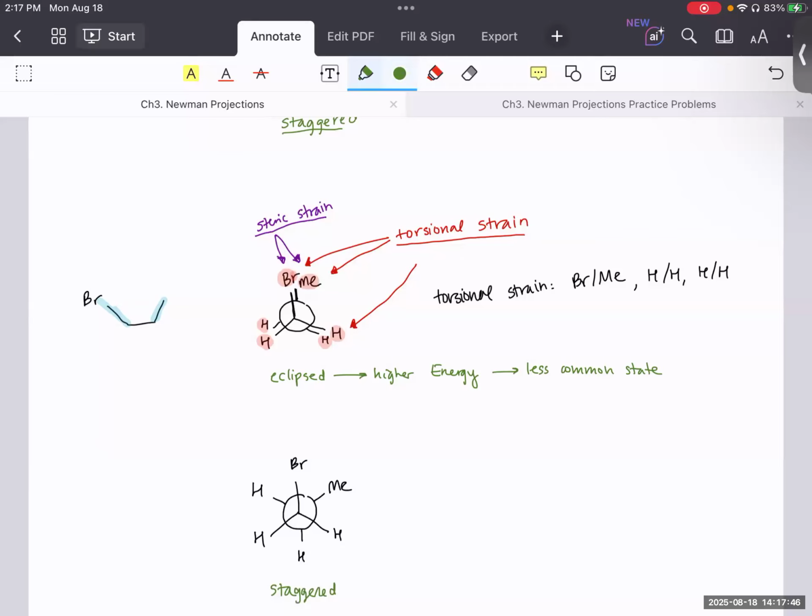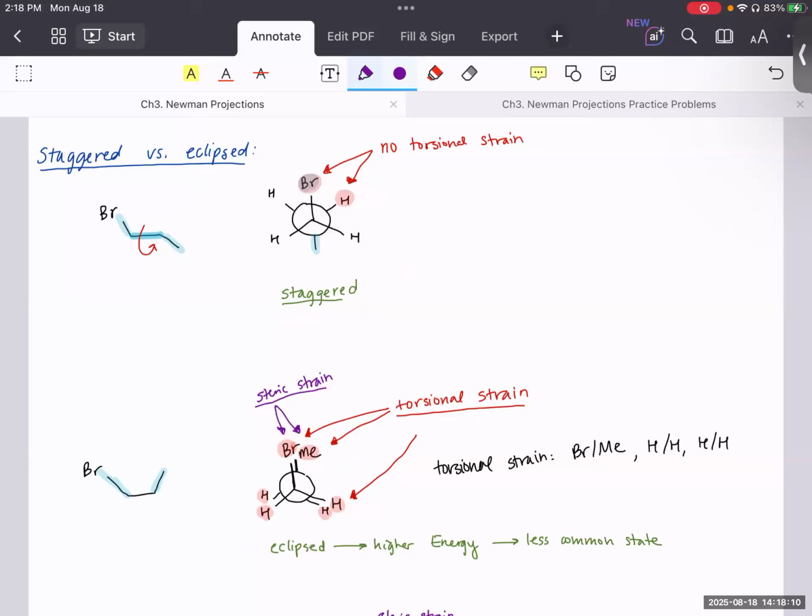Because that methyl group isn't directly opposite this bromine now, they're next to each other. And so in this state, this methyl group is big enough to have steric strain too. We don't have torsional strain in the structure, but we do have that steric strain that contributes to the energy of that state being a little bit higher than this top one over here.